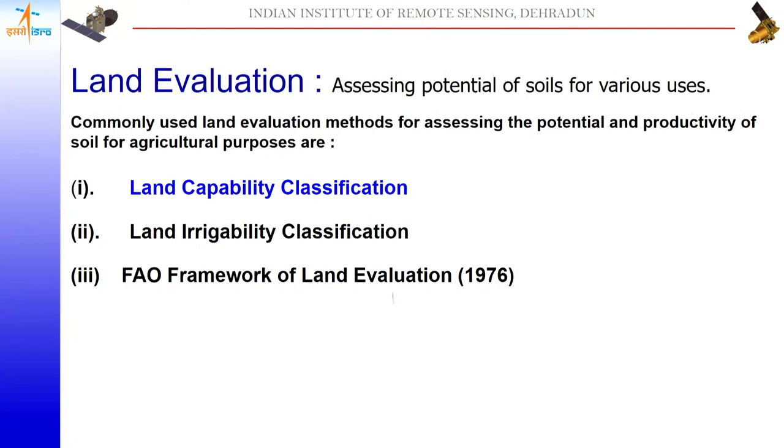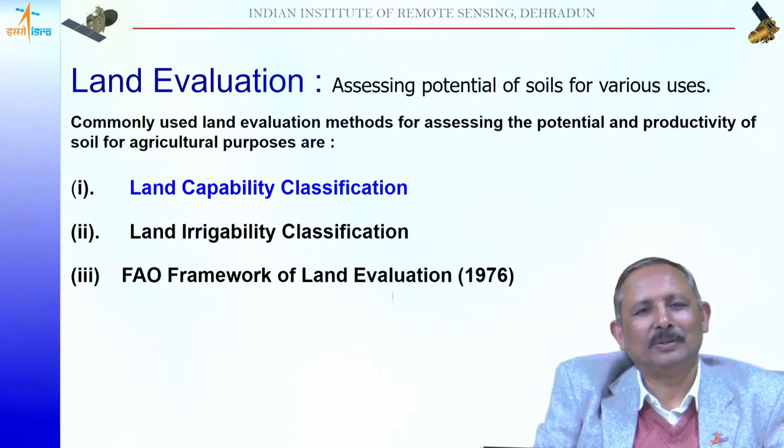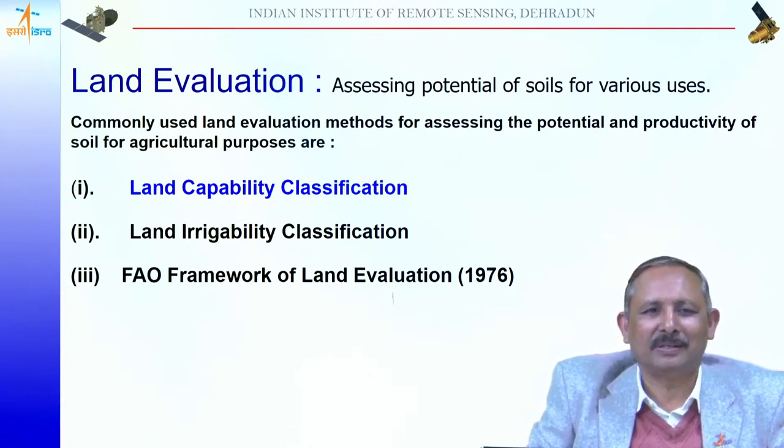Once you have prepared the soil map, then we go for the land evaluation. It means we want to use this map for land use planning, so you can say assessing the potential of soil for various uses. We want to use it because you have the soil information.